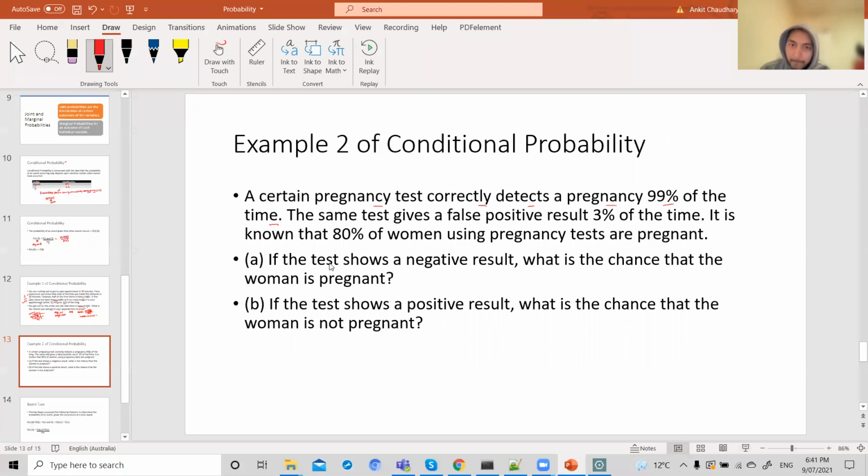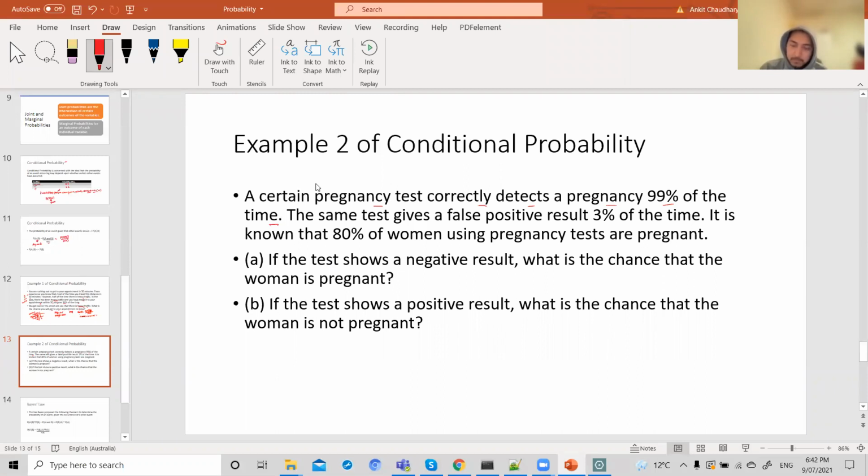A certain pregnancy test correctly detects a pregnancy 99% of the time. A test detects pregnancy 99% of the time, 0.99. And that means it does not detect pregnancy only 0.01% of the time, right?